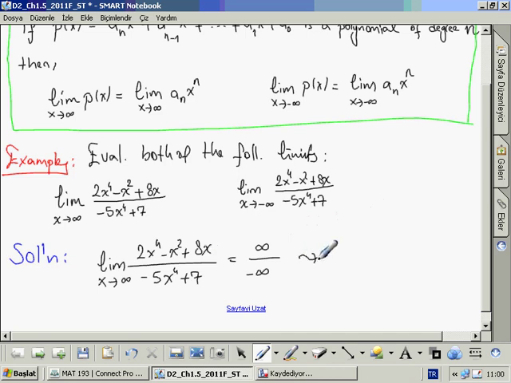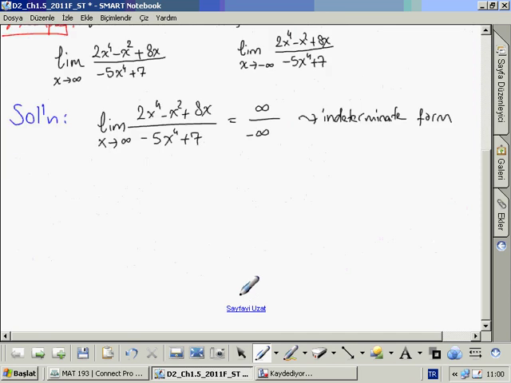And in this case, we might be tempted to say that the limit is infinity because of the infinity in the numerator, 0 because of the infinity in the denominator, or minus 1. Okay, what will we say?